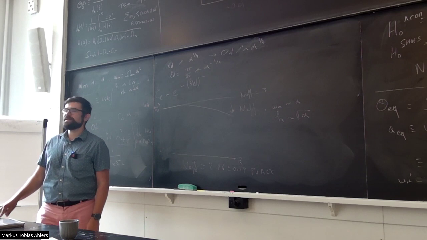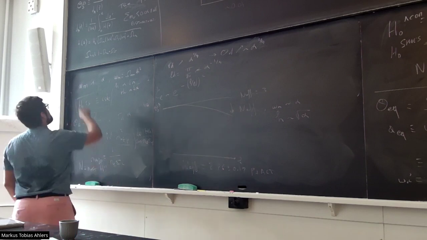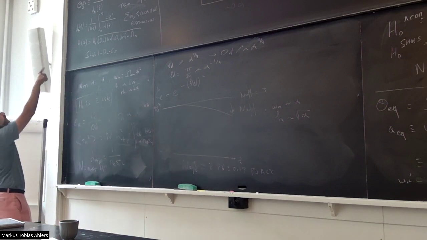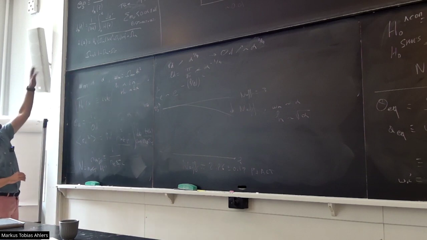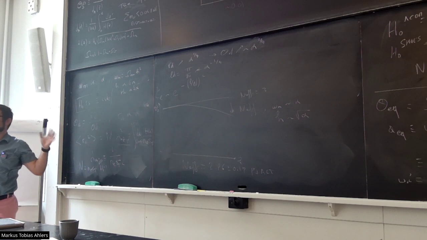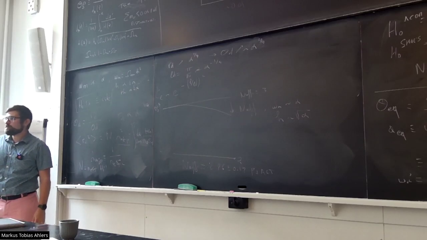The idea is that theta s is equal to h naught rs divided by some integral that involves the density parameters. Theta s is measured in the sky from our maps, from the correlation function. The sound horizon, we don't know intrinsically. We need a model.